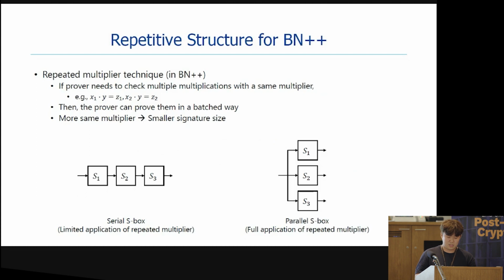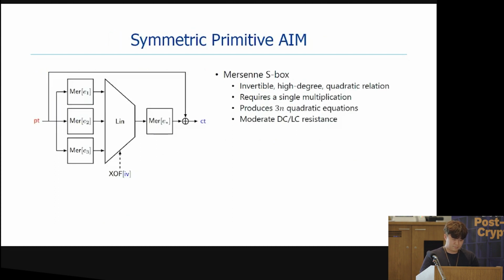Parallel S-boxes can fully apply repeated multiplier, but this is not the case for serial S-boxes. So we can introduce our symmetric primitive AIM, which is the composition of all the things before. We chose the Mersenne S-box first, which is invertible, high degree, and has quadratic relations.